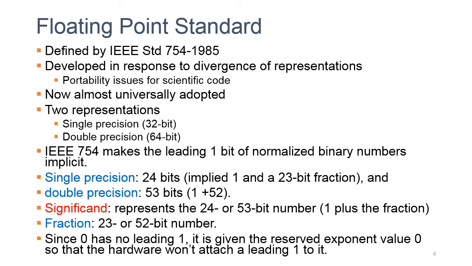To be precise, we use the term significand to represent the 24 or 53-bit number that is 1 plus the fraction, and fraction when we mean the 23 or 52-bit number. Since 0 has no leading 1, it is given the reserved exponent value 0 so that the hardware would not attach a leading 1 to it.